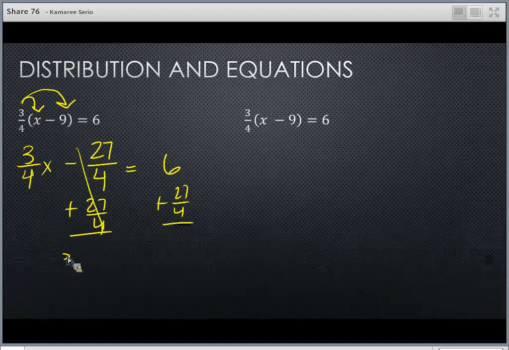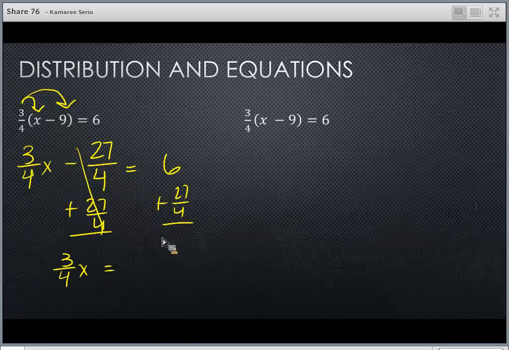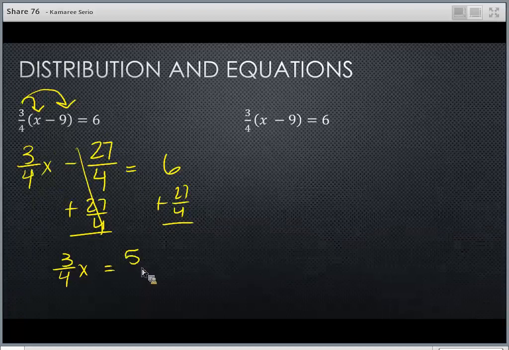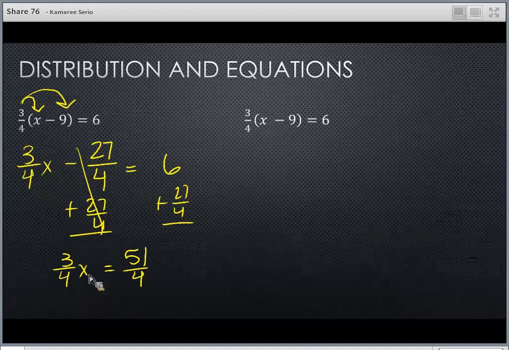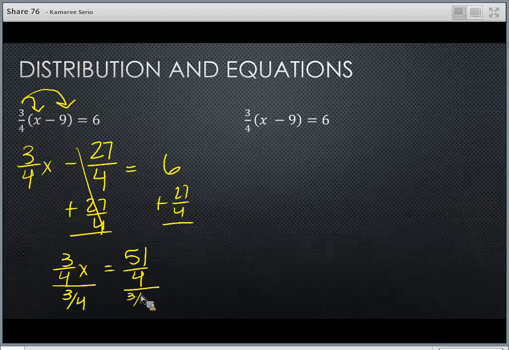These will cancel. 3/4x equals 6 plus 27/4. I get 51/4. Okay, now here, I have this 3/4 being multiplied to x, so I need to divide by 3/4 and divide by 3/4.